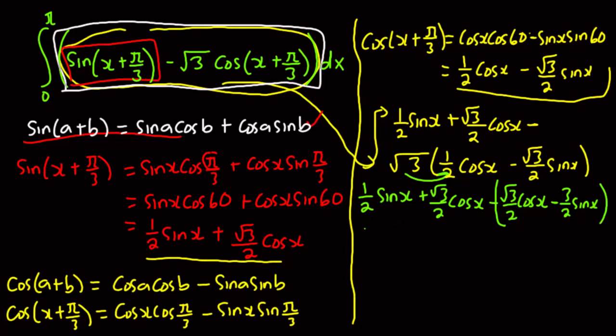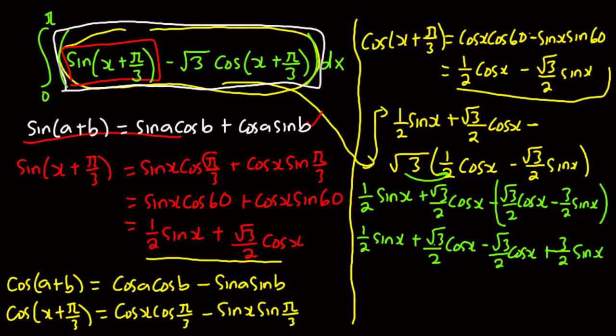So now this whole thing, let me simplify. This whole thing gives half sine x plus root 3 over 2 cos x minus root 3 over 2 cos x plus 3 over 2 sine x.